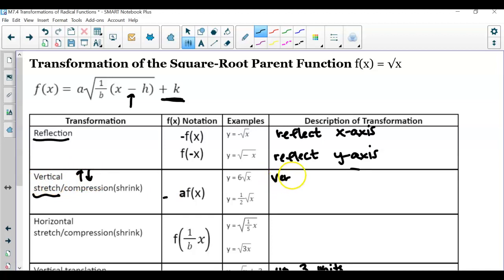So this is a vertical stretch. Again, see how it's greater than 1? 6 is greater than 1, just like 2. So this is a vertical stretch, just like when we had that value of 2. So then what do you think that means when you now have a fraction outside? It's still outside, so it's still vertical, now a vertical shrink or compression.